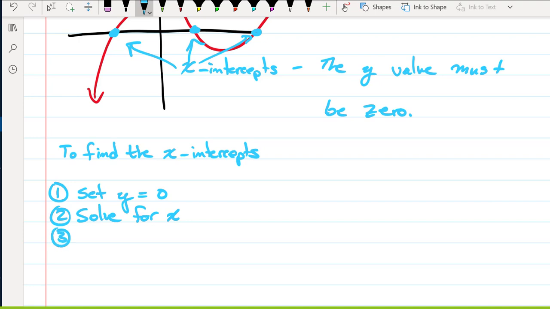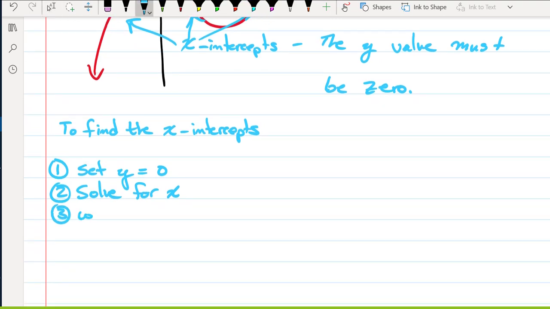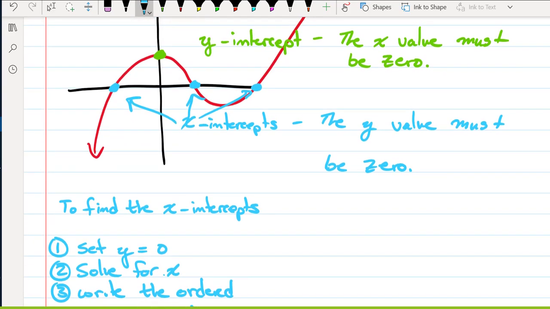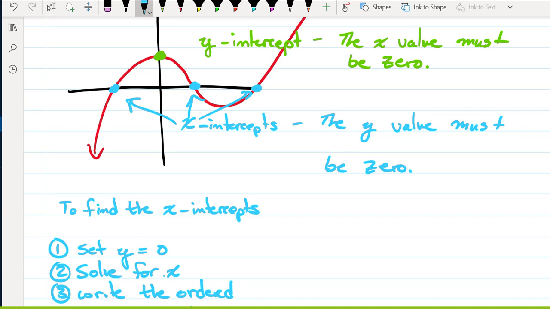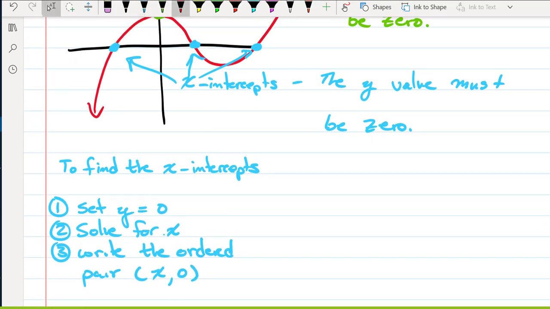And then 3, we write the ordered pair x, comma, 0, because we chose our y value to be 0, and then we're solving for the corresponding x, which is exactly what we had here on our x-intercepts. The y value had to be 0, so if we choose y to be 0, when we solve the resulting equation, we will get the corresponding x-intercept.